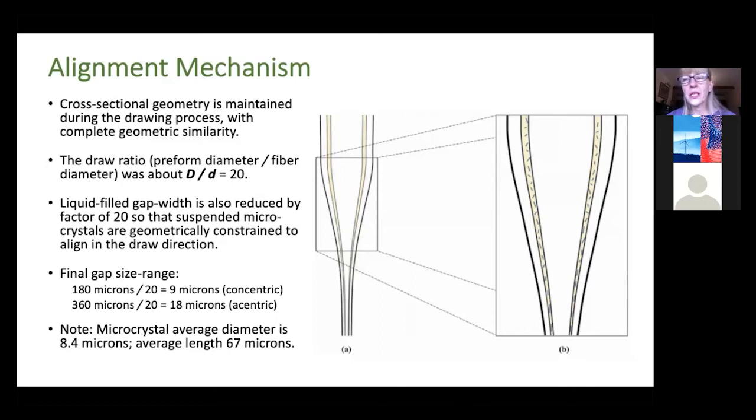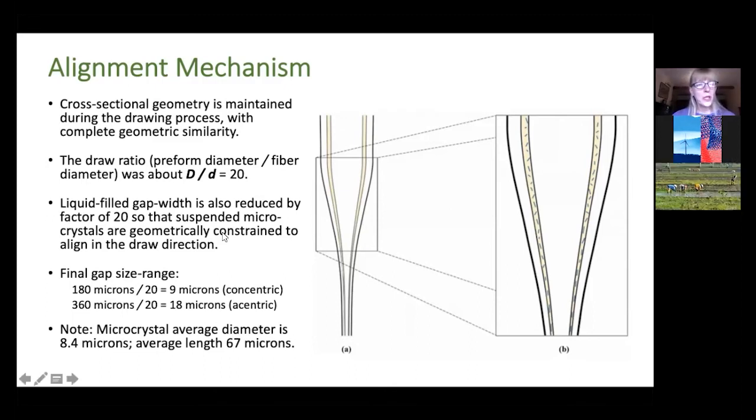So you can readily get a drawdown ratio on the order of 100 in a single draw, and then 100 times 100 in a dual stage draw. But all the results that you're seeing today are just with that simple drawdown ratio of about 20.